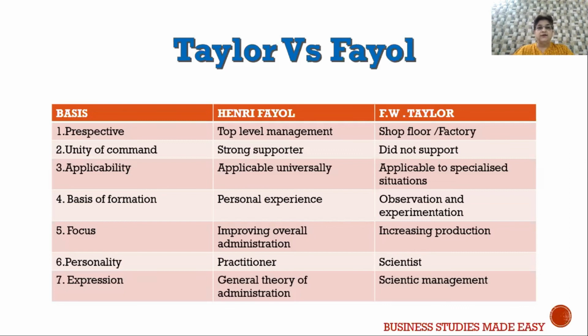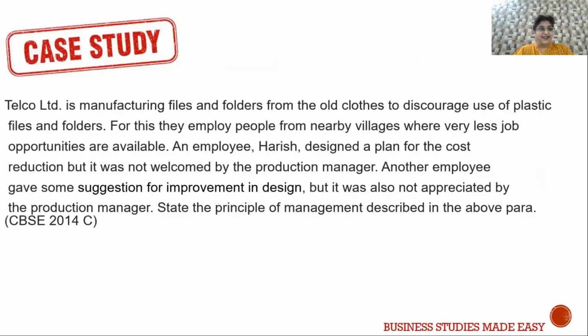Then personality: Fayol was a practitioner and Taylor was a scientist because his principles are scientific principles. Then expression, what book did he write? Fayol wrote General and Industrial Management, and Taylor wrote Scientific Management. And with that, we come to the case study.